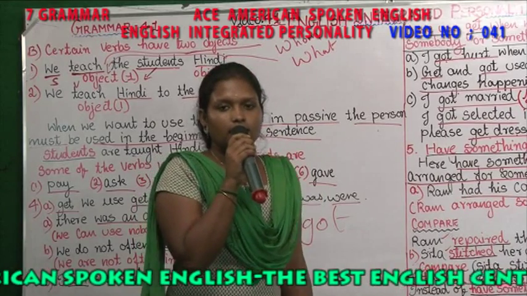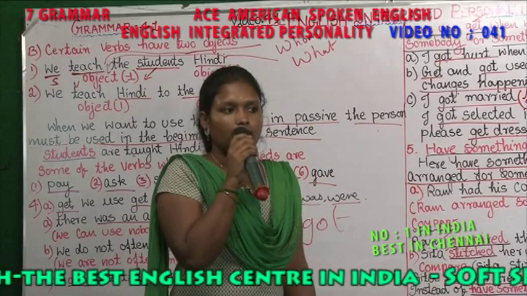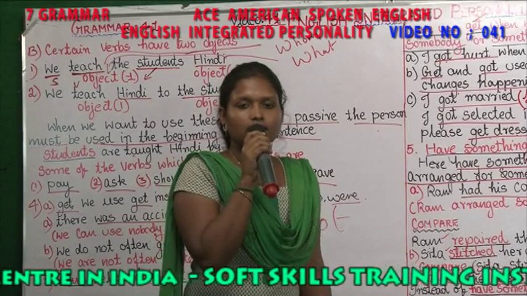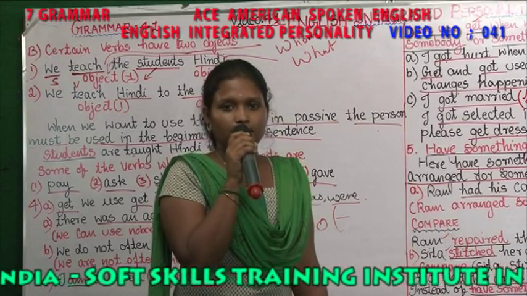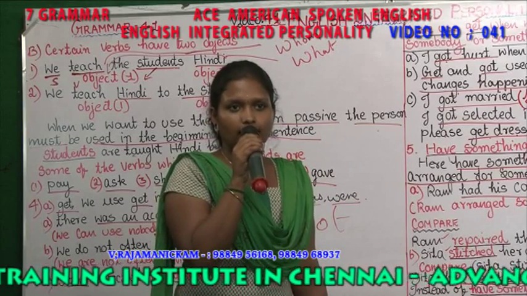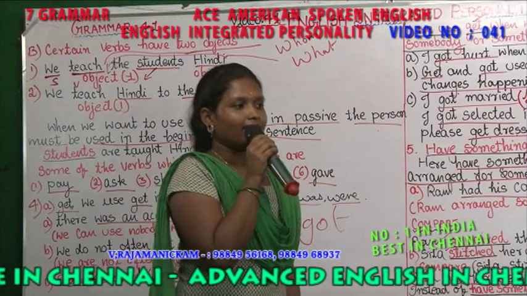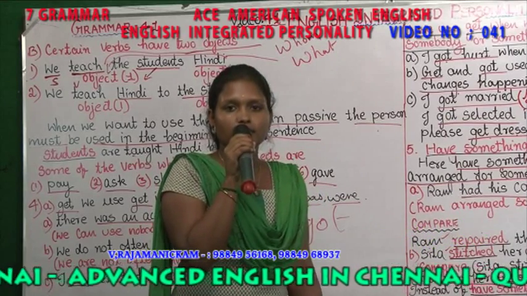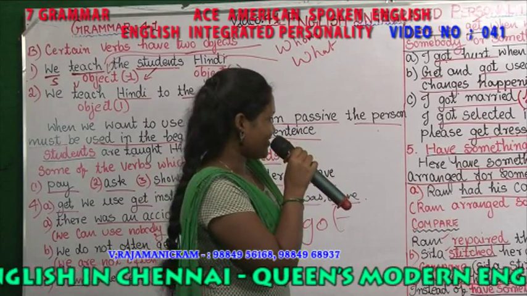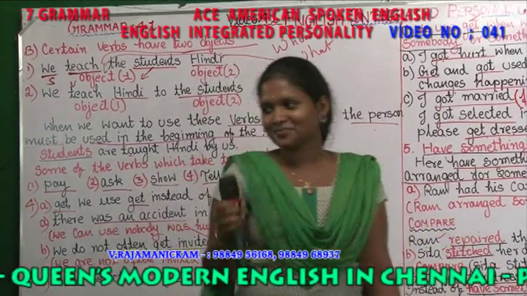And instead of auxiliary verbs such as am, is, or are, we use get or got, in a sentence where something happened to somebody, or which happened unexpectedly. We can use got, and when we want someone to do something for us, we can use had. That's it, sir.